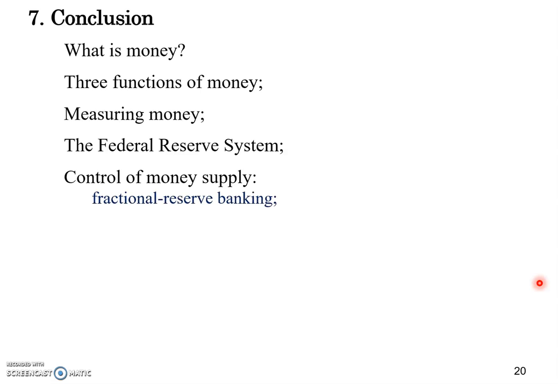First of all, we look at the fractional reserve banking system and figure out how it changes the money supply, especially how it creates more money down the road. And then we discuss the money multiplier, the model we use to figure out the money supply. And we also discuss the monetary policy tools available to the Federal Reserve.